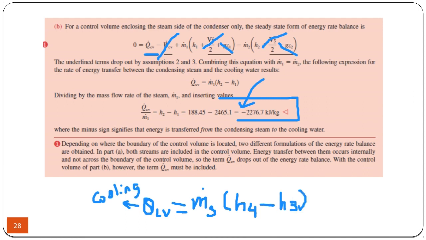And if you calculate this, you will see that it's exactly this amount, 2276.7, but with a plus sign, because in this case, the cooling part gains this amount of heat energy, whereas the steam part of the heat exchanger loses this much energy, and it's equal to the energy gained by the cooling part.